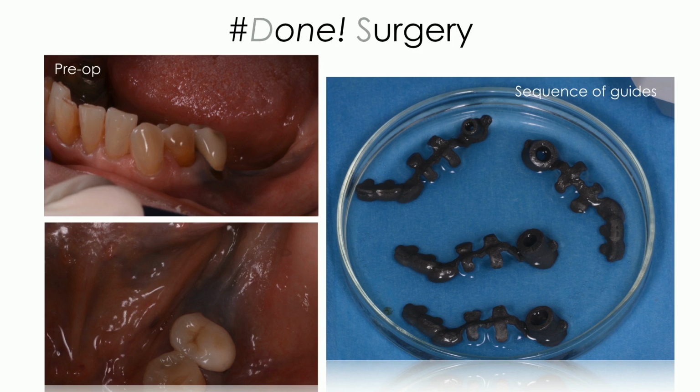Everything is customized, and this is the sequence of guides for this very easy case, a single implant. They are laser sintered, one piece, and they are 4 sequential guides, absolutely identical in shape, with the only difference of the diameter of the hole that needs to guide the drill.